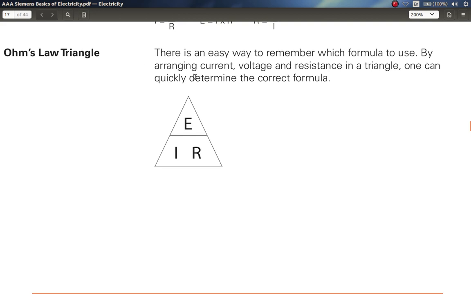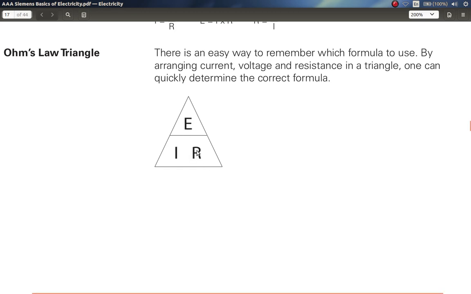Ohm's law triangle. Some people call this the magic triangle. There is an easy way to remember which formula to use. By arranging the current, voltage and resistance in a triangle, one can quickly determine the correct formula. So if you want E and you cover up the E, you see IR.